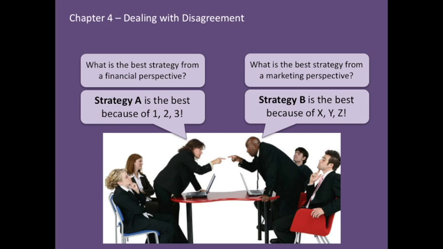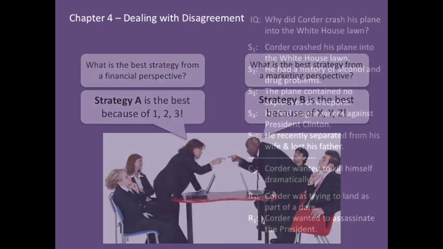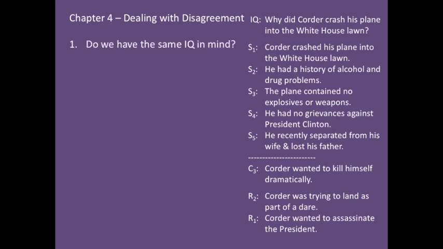So when there is a disagreement, one of the first things that it's good to do is to get everybody together and ask, are we trying to answer the same question? If we're not trying to answer the same question, that's probably part of why this disagreement is coming up. But then if we are trying to answer the same question and there's still disagreement, there are a number of other places that we can look to diagnose that disagreement.